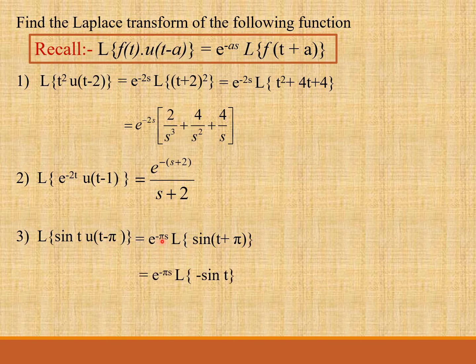So e raised to power minus pi s into Laplace of minus sin t, because sin of (pi plus t) is minus sin t. Pi plus theta, sin of pi plus theta is minus sin theta. So minus sin t, and the Laplace of minus sin t is minus of e raised to power minus pi s upon s square plus 1, as Laplace of sin t is 1 upon s square plus 1.